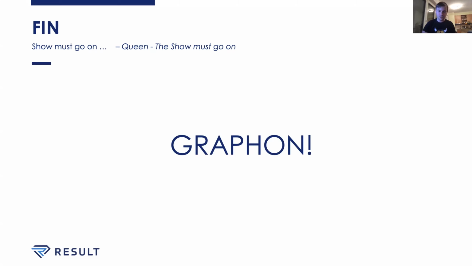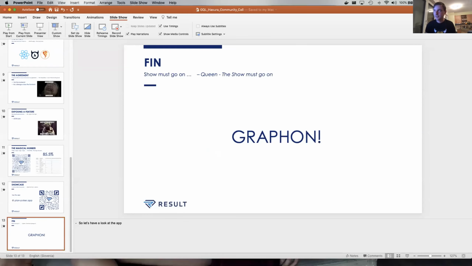And just to give you a heads up, we are building something internally that we think will be really useful to empower Hasura even more, but maybe that's going to be presented in another community demo. So that's it from my end.